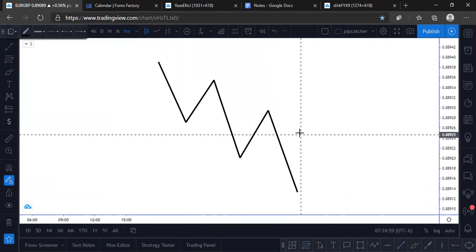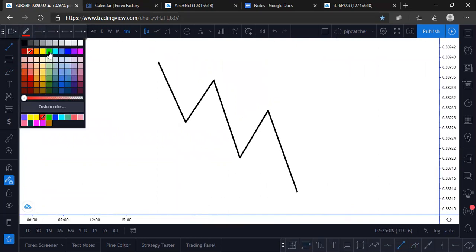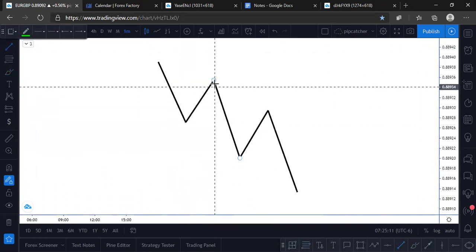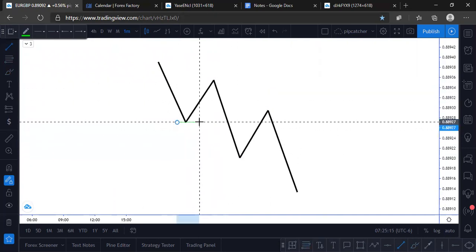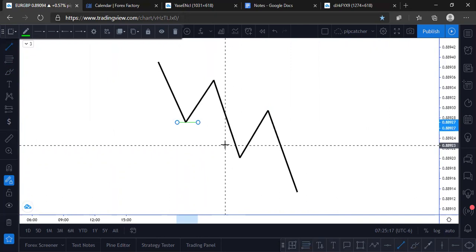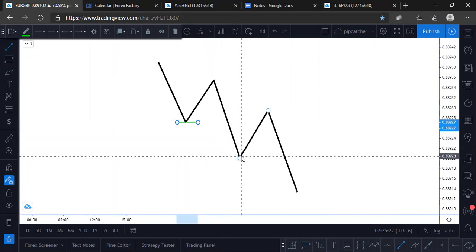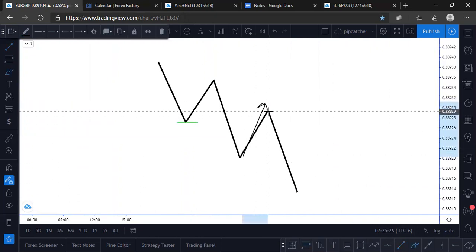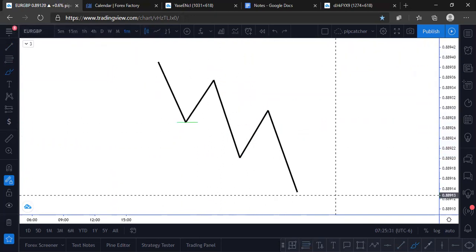Well, another thing to take into consideration with this is, after this daily impulse has broken this structure right here, this area down here gives us that retracement back up, that corrective move.